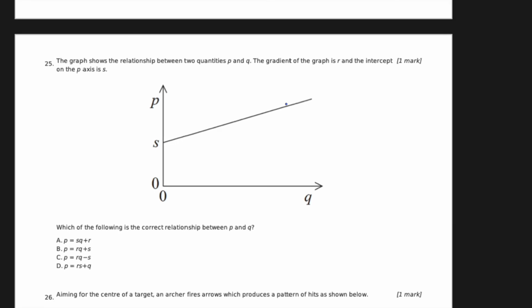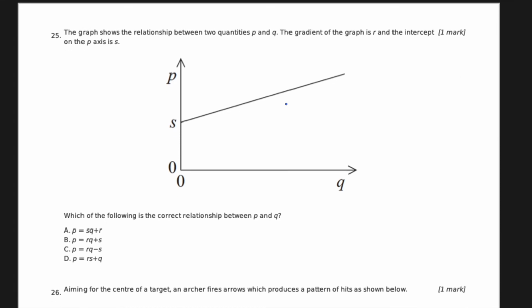The graph shows the relationship between two quantities P and Q. The gradient of the function is R, and the intercept on the P axis is S. So the intercept on the P axis is here, where Q is equal to 0. Right?